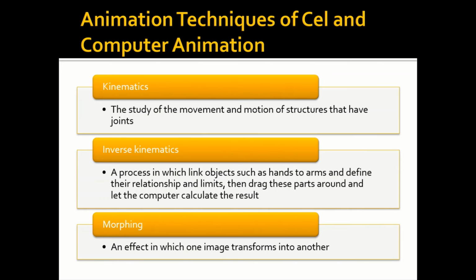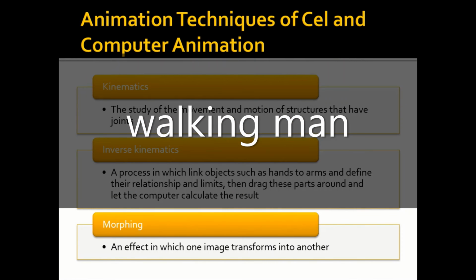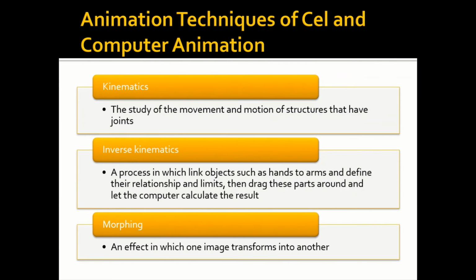Kinematics is the study of the movement and motion of structures that have joints, such as a walking man. Animating a walking step is tricky because you need to calculate the position, rotation, velocity, and acceleration of all the joints and articulated parts involved, such as knees bending and hips flexing.